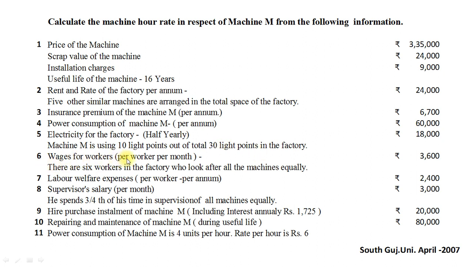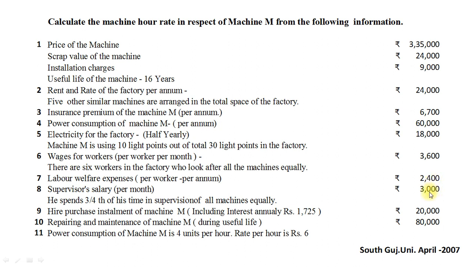Wages for workers per worker per month rupees 3,600. There are 6 workers in the factory who look after all the machines equally. Then you are given labor welfare expenses per worker per annum. You please keep in mind while solving point number 7, use the information given in point number 6.